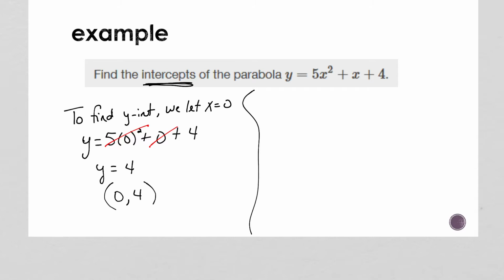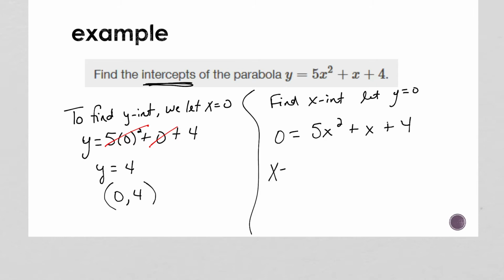Now to find the x-intercepts, if there's more than one, there could be only one, or there may be none. We have to see. Let y equal 0. So we've got 0 equals 5x squared plus x plus 4. I don't think it's factorable, so we will just use the quadratic formula.